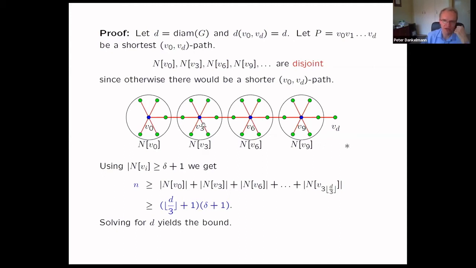So I've got about d over 3 disjoint sets, each with delta plus 1 vertices, and that tells me that n is greater or equal approximately d over 3 times delta plus 1. I've written it here a little bit more precisely, but if you solve it for d, you get that 3n divided by delta plus 1 is greater or equal to the diameter, which is precisely what we wanted to prove.